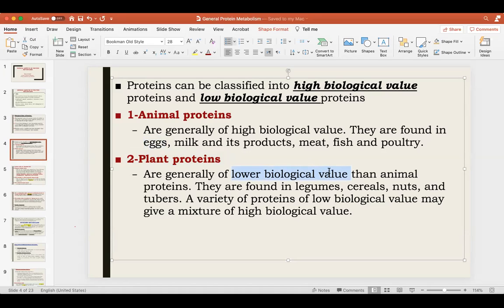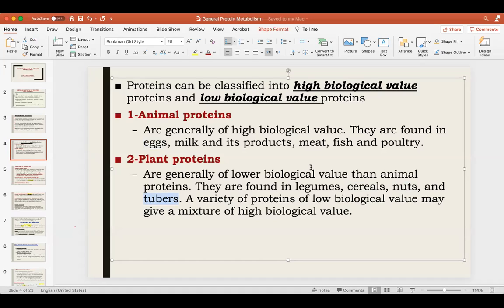Why? Because they do not contain all the essential amino acids. There are about 10 essential amino acids. Some plant proteins contain 7 out of 10, 6 out of 10, or 8 out of 10 essential amino acids. These are proteins of plant origin such as legumes, cereals, nuts, tubers, all are of plant origin.